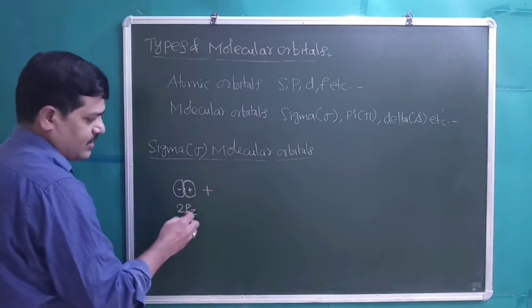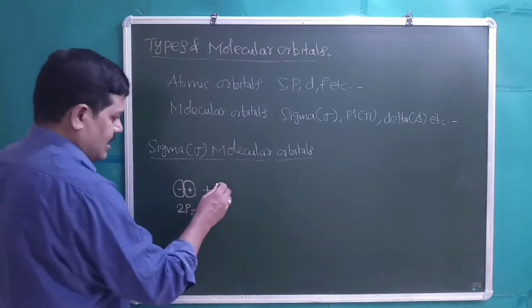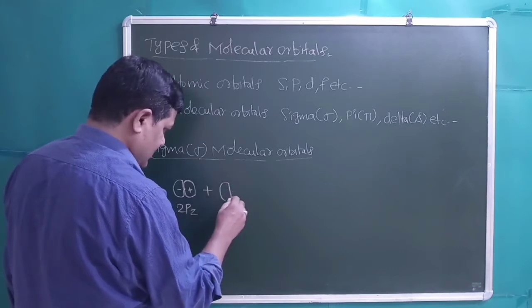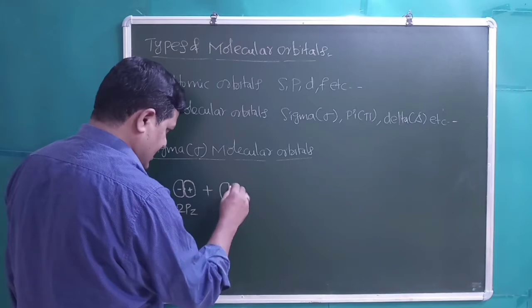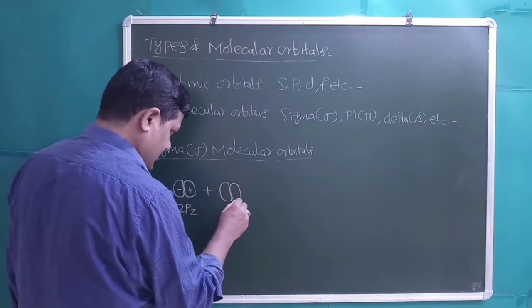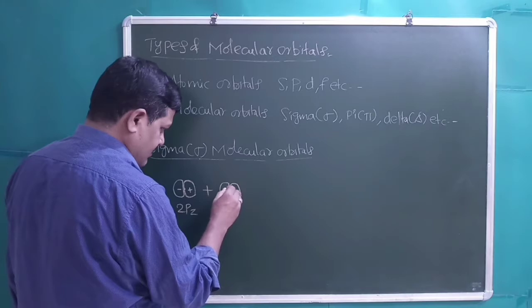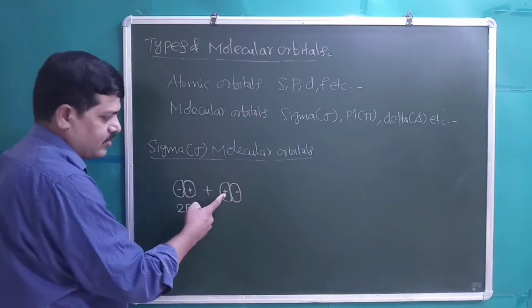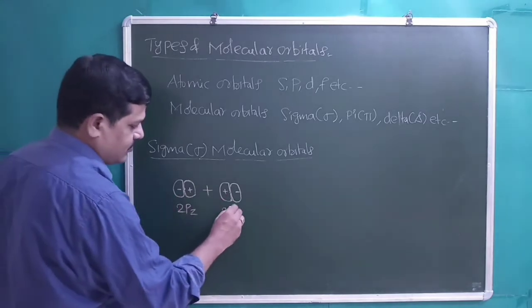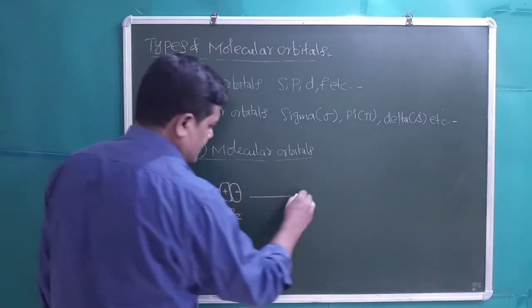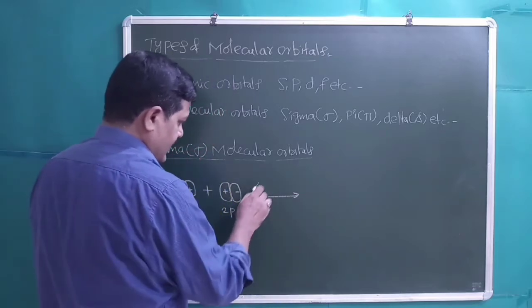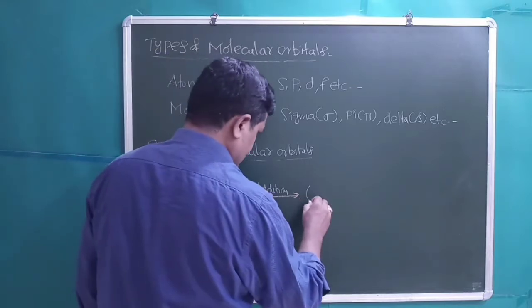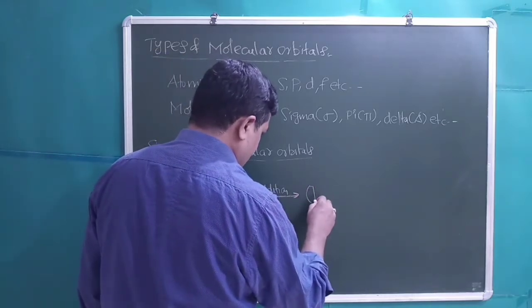Constructive overlapping will give bonding molecular orbitals. This is the 2pz orbital of another atom. Lobes having the same sign overlap, which is called constructive overlapping, or addition overlapping. It gives the sigma bonding molecular orbital.